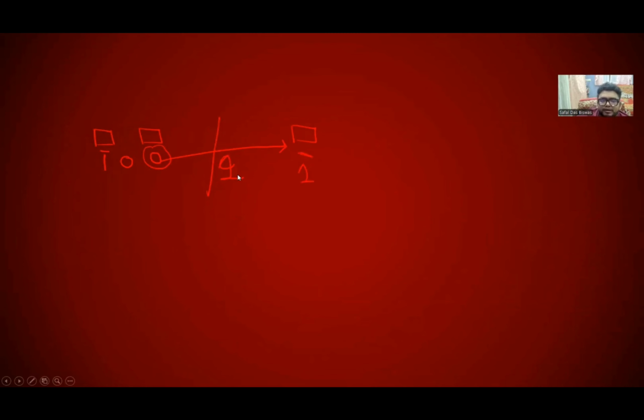wait, okay, let me explain it again. Suppose you have 2 boxes and we want to extend it to the third box. Suppose we have this scenario, that is 1 0 0. So we know that these 2 boxes have only one of these possibilities.